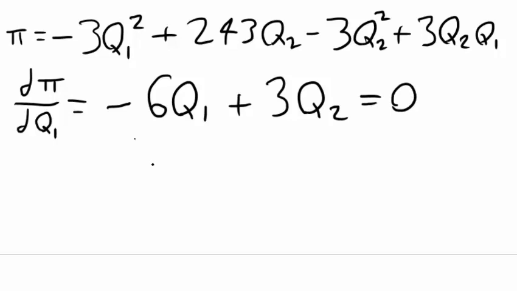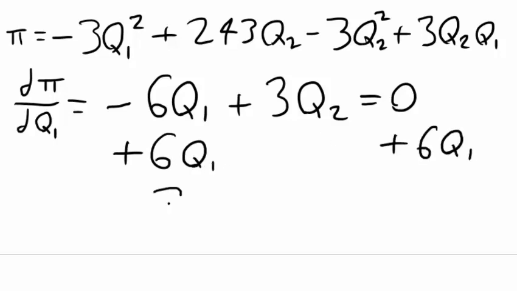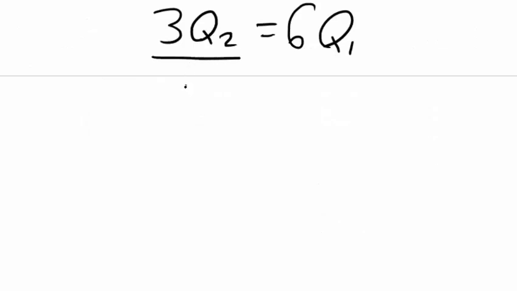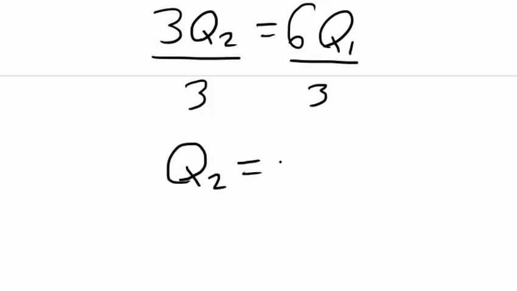And if we were to solve for one of the variables, so let's say we'll solve for Q2, we would add 6Q1 to both sides, and we would get 3Q2 equals 6Q1. And so if we divide both sides by 3, we get Q2 equals 2Q1.